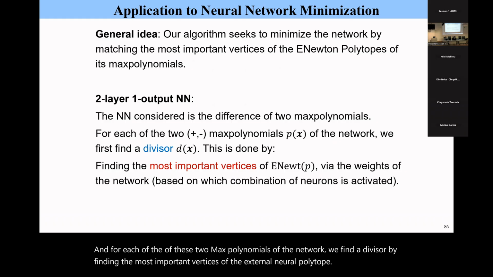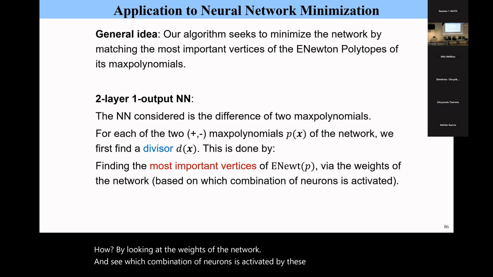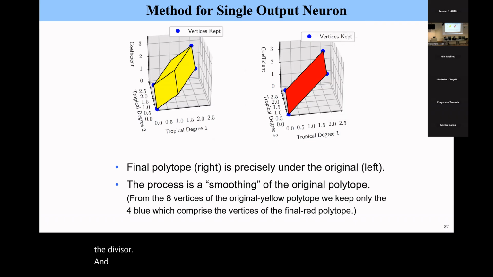How? By looking at the weights of the network and seeing which combination of neurons is activated by these weights. So this will give us the most important vertices, and the most important vertices will give us the divisor. And then we perform the division and we simplify the neural network.